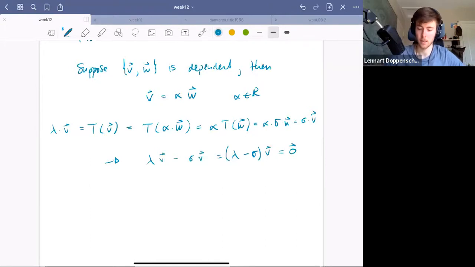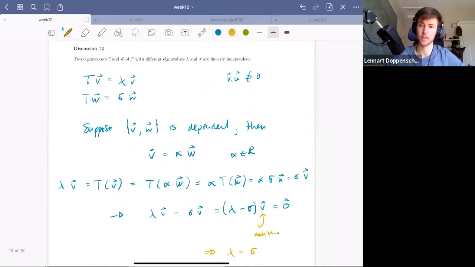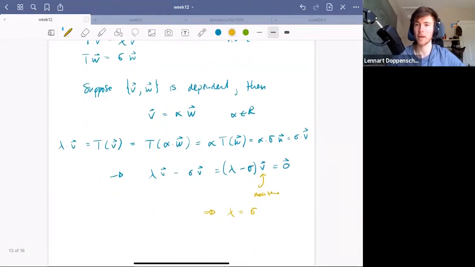So indeed, V is non-zero, so this means lambda would have to be equal to sigma. But we said that they have to be different. So they can only be dependent if the eigenvalues are the same.